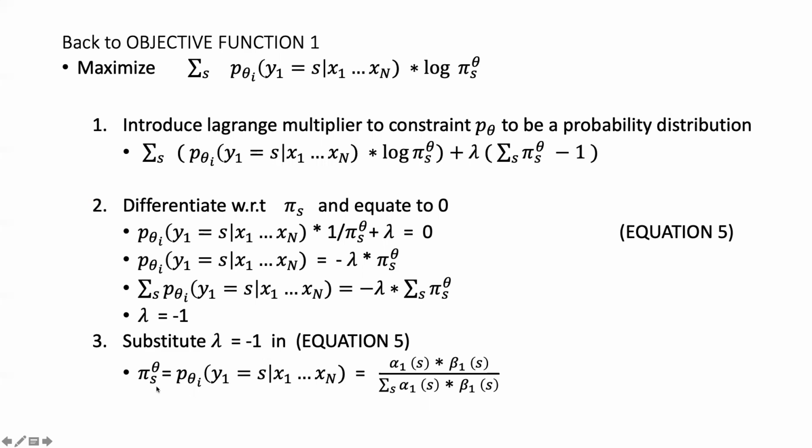The estimate is given by alpha_1(s) times beta_1(s) divided by the normalizing constant. What this means is that it indicates the expected frequency of being in state s at time t1.